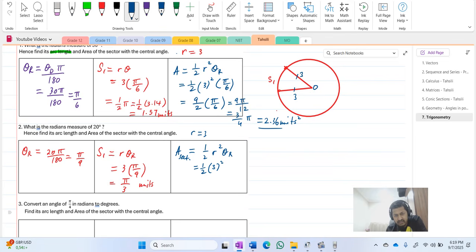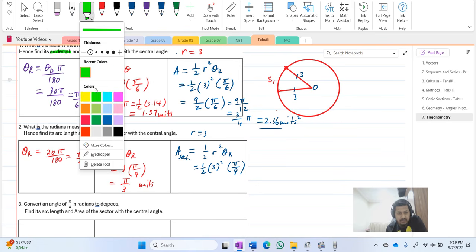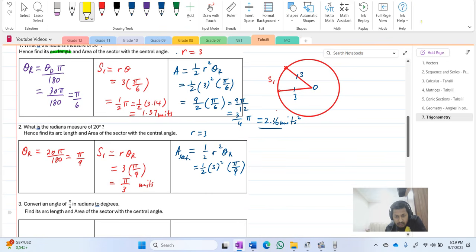That was pi by 9. So we need to put pi by 9 here, and we can clearly see that we got 3 squared, which is 9, and the 9 can cancel out, so we just have pi by 2. Final answer. We must be used to these types of tricks. Pi by 2 units squared.